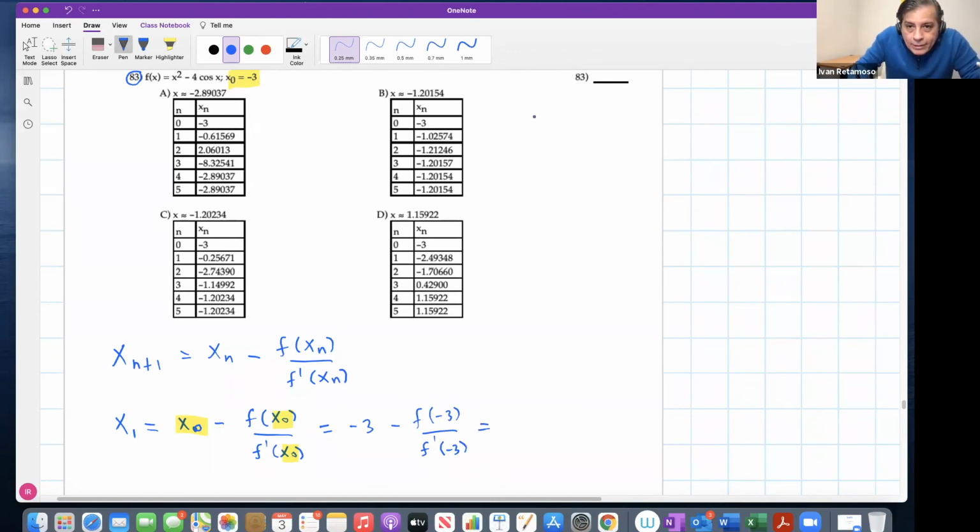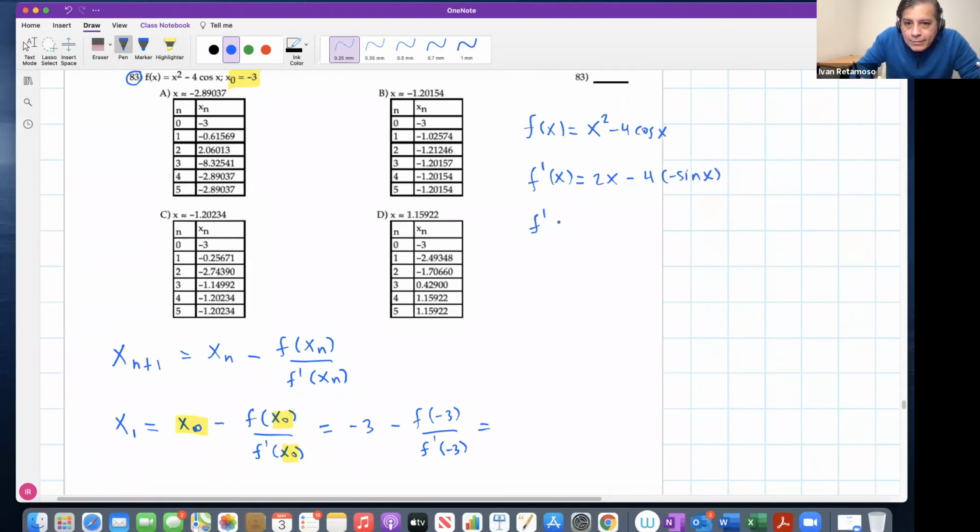But for that, I need the function. My function is given here as x squared minus 4 cosine of x, right? This is the function. And I need its derivative. The derivative of x squared is twice x, minus 4 times the derivative of cosine, which is minus sine of x, right?